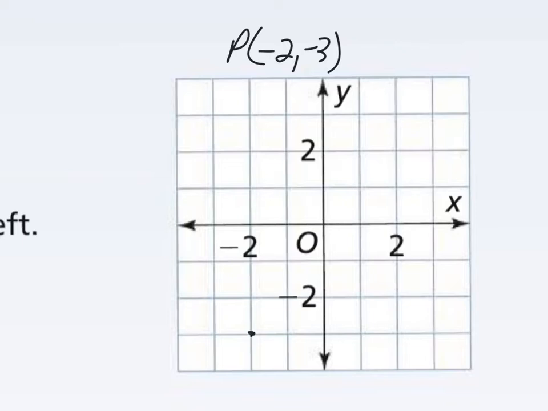We put a dot there, and then we can put the point P next to it. We can put the coordinates there as well. If we're graphing a bunch of points, it might be too much to put the letter and the coordinates, but you for sure want to put the letter, in this case the letter P, for the point that we're graphing.